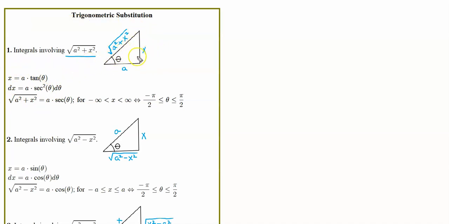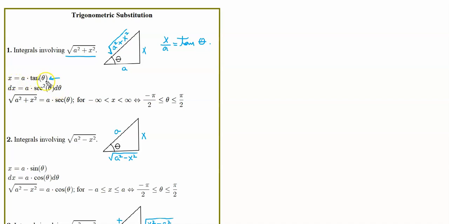So here we have a triangle. Okay, angle right there is theta. So of course, from this diagram you see x over a equals the tangent of theta. So x equals a tangent theta. Okay, so that's the primary substitution that we're going to use.